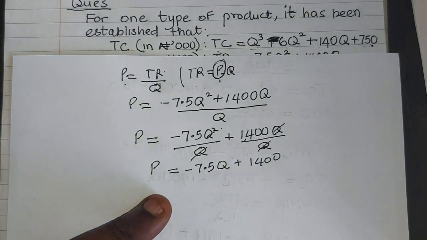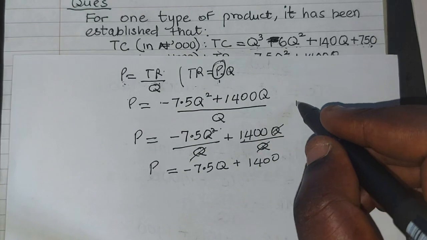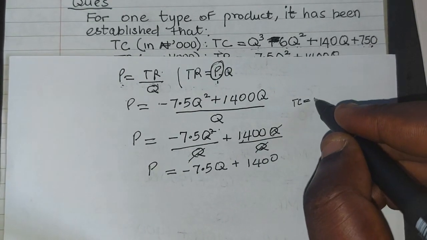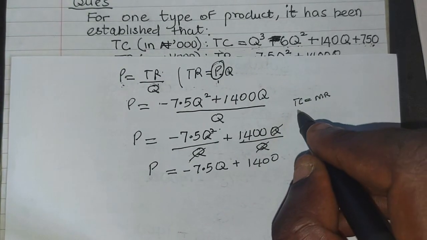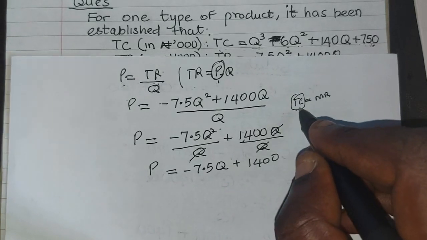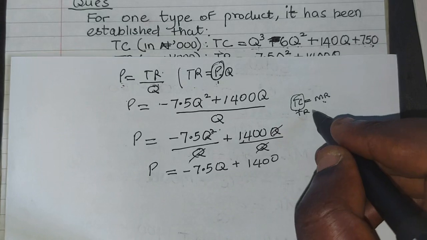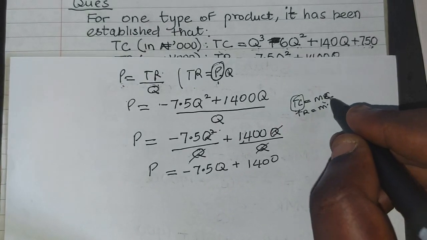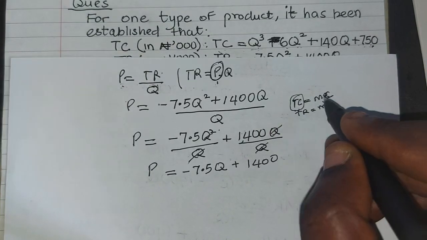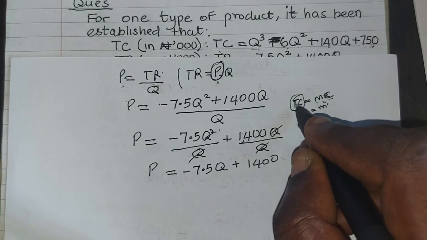And don't forget, like I told you, when you are given the total cost function and you want to find the marginal cost, you differentiate. The same thing for total revenue: to find the marginal revenue, you differentiate.